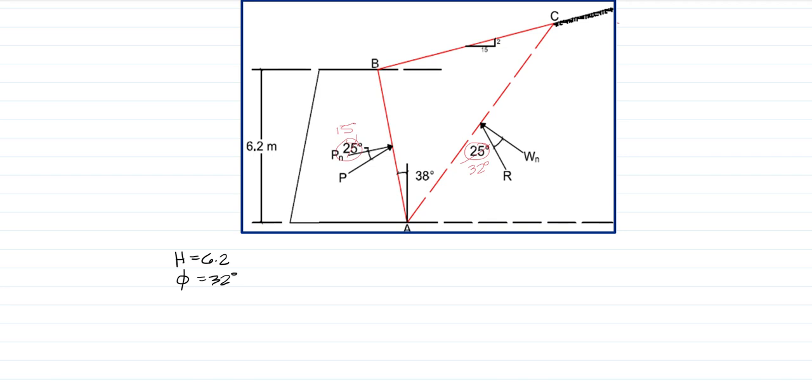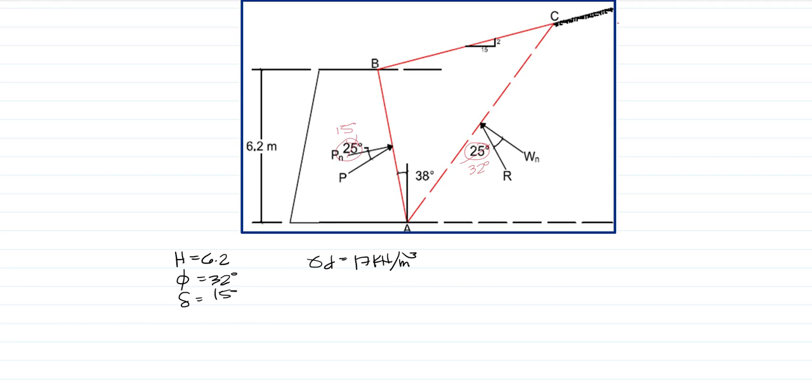And yung small delta, or yung angle of wall friction, is 15 degrees. So, yan ngayon yung mga binigay sa atin dun sa problem. Then, meron tayong gamma dry pa, which is 17 kilonewton per cubic meter, or the unit weight dry of the soil.